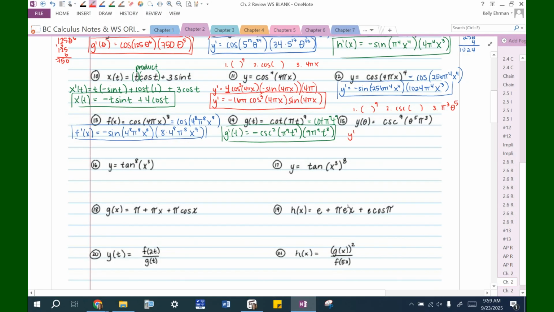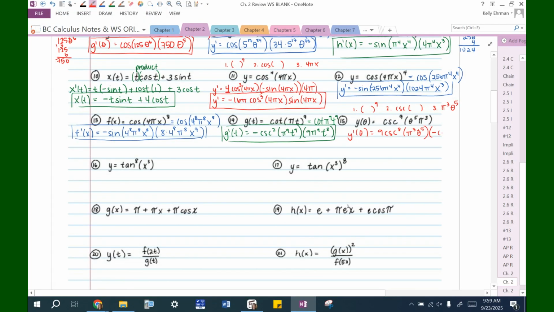All right, so y prime is equal to, power rule first, 9 cosecant to the eighth, and the angle is still all of this stuff, except I don't like theta to the fifth, pi to the third, so I'm going to say pi to the third. Theta to the fifth, that does not matter, because we know that multiplication is commutative. The derivative of cosecant, that starts with a c, so it's negative.